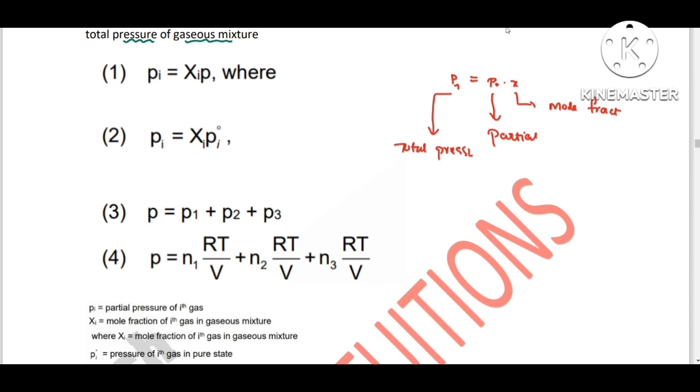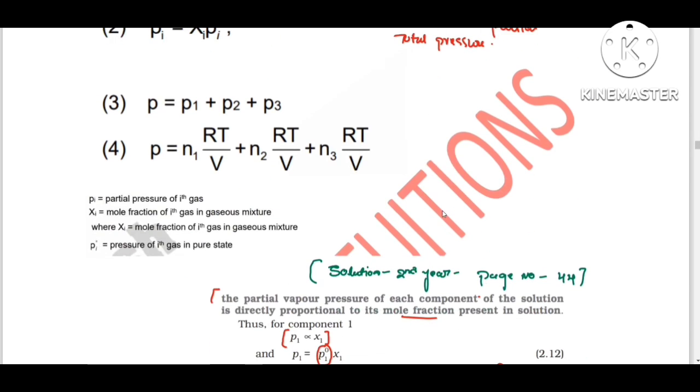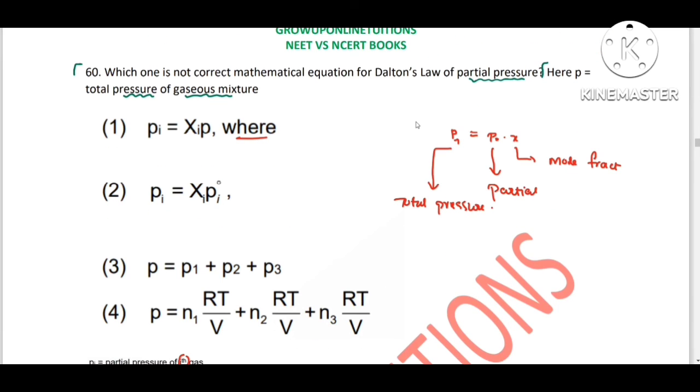Now let us verify the given options. Here Pi equal to Xi into P, where Pi is the partial pressure of the ith gas and Xi is the mole fraction of the ith gas in the gaseous mixture. Statement 1 looks to be true, according to Dalton's law.